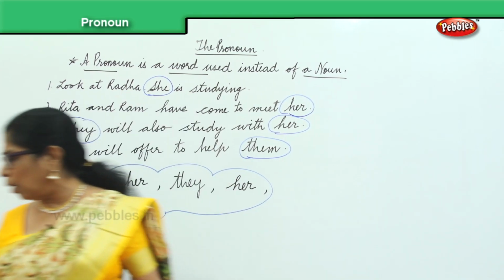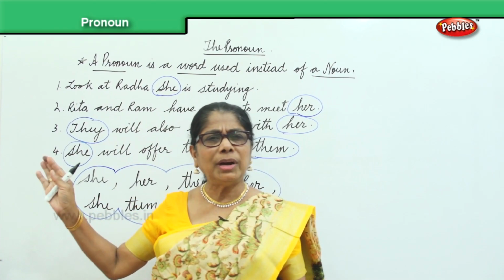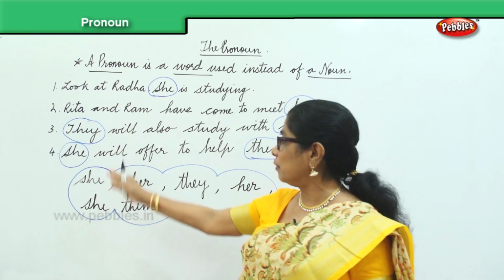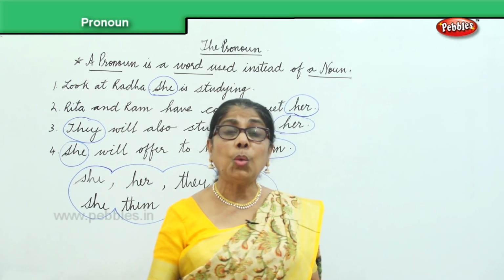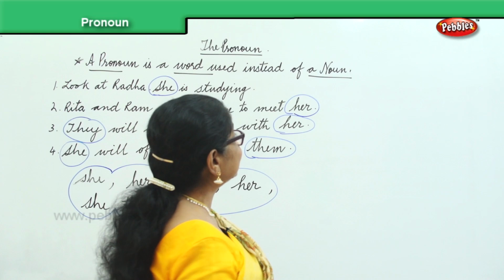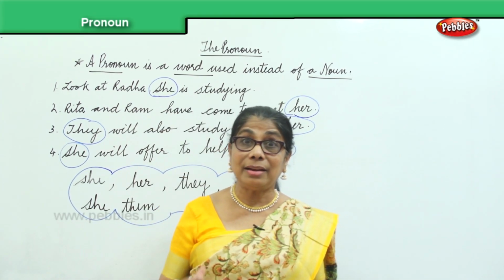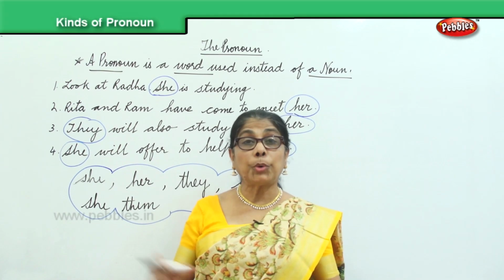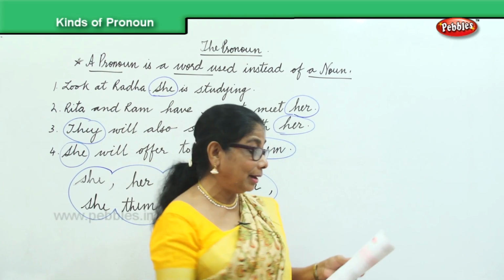Now in pronouns, we have many kinds. A pronoun is a word used instead of a noun. Words like this, used instead of a noun: she, her, they, them, all these are pronouns. We have 8 to 9 types. We have different kinds of pronouns, and we'll be doing that next. We can group pronouns into 9 kinds.